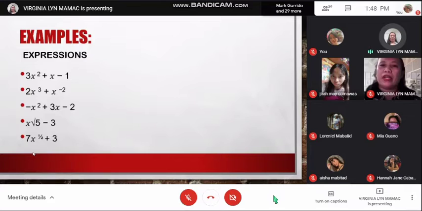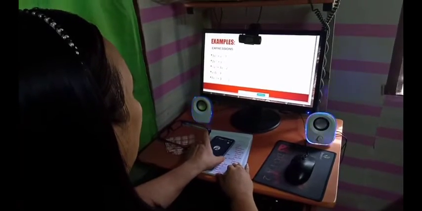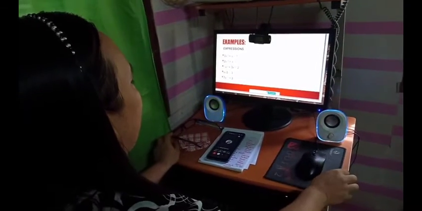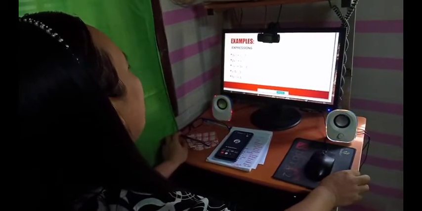Polynomial. Why do you say so? The exponent here is not negative nor a fraction, and the variables are not inside a radical sign. Okay, very good. How about number two? Not a polynomial, ma'am, because the exponent is negative. Okay, very good.